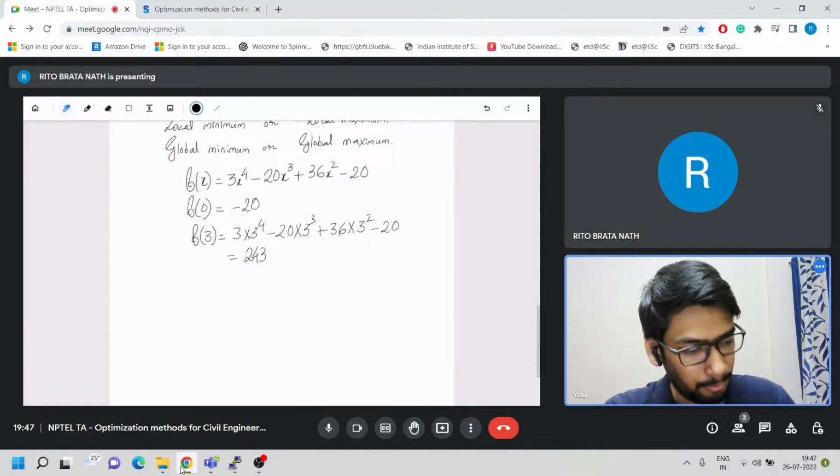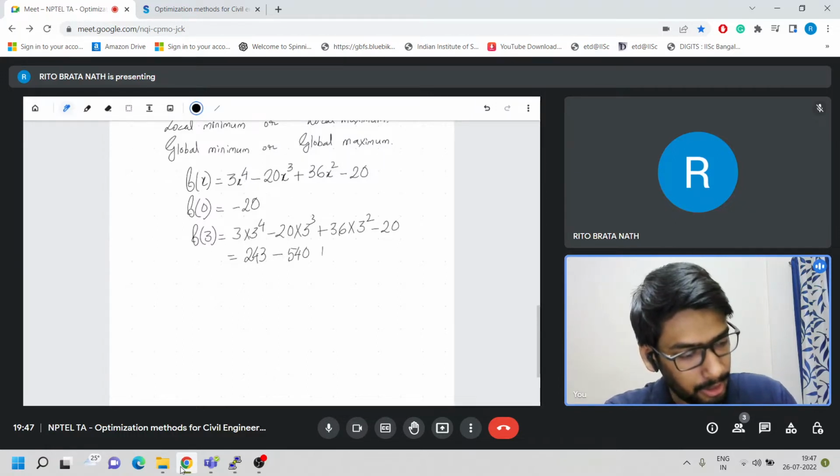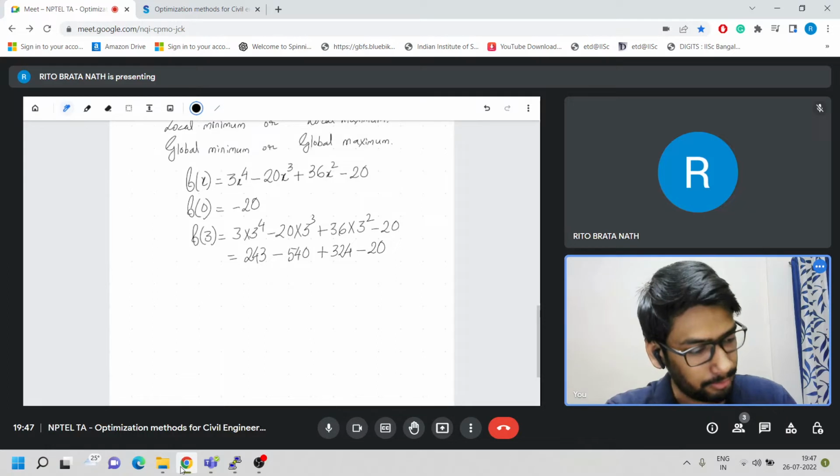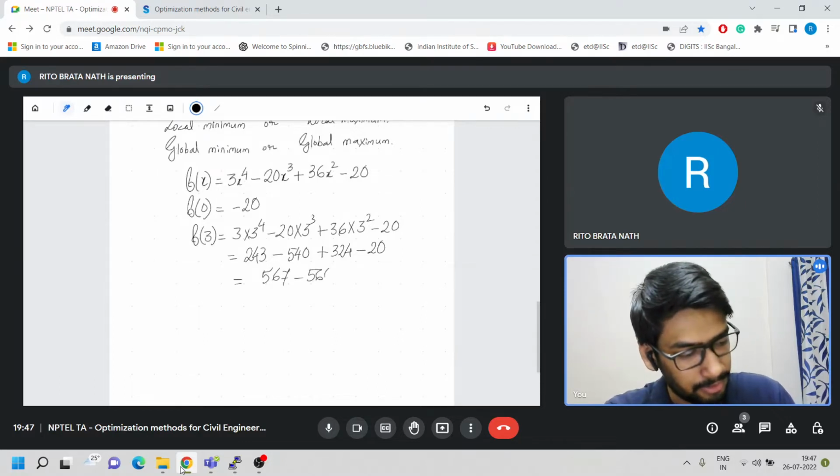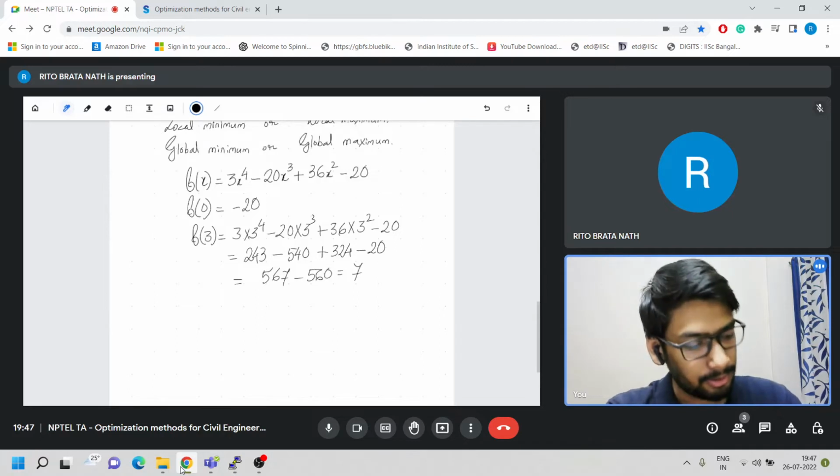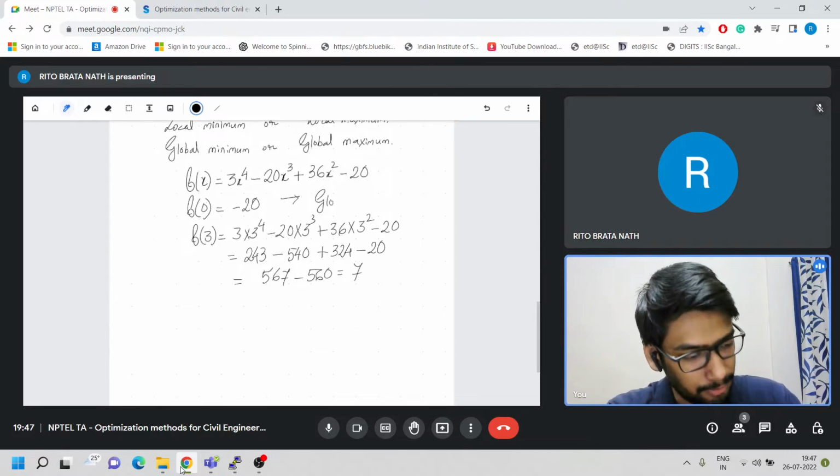I hope I have done it correctly. Yeah, I think so. And this will be 540, and this will be 36 multiplied by 9, it will be 324, and minus 20. If you add this up, it will be minus 560, and this portion will be 7, something like that. So this qualifies as a global minimum here.